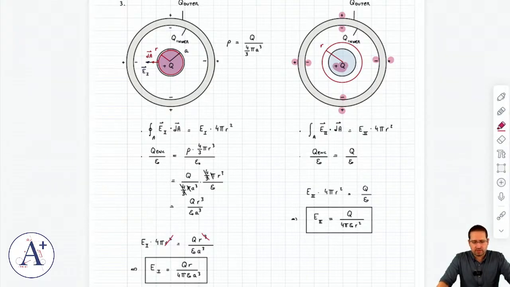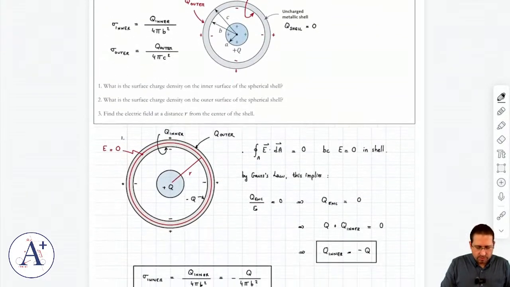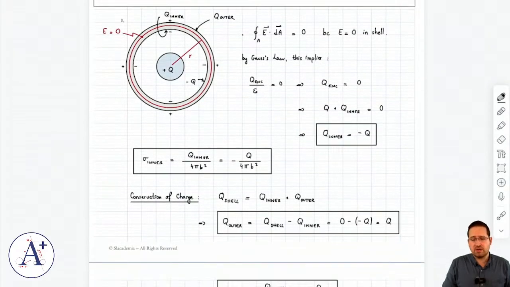And that's a good goal because on exams, either we give you a problem like this and we say, here we have these 4 regions, find the electric field in each region, it's just Gauss's law. And maybe it's more complicated, maybe we have to first find Q inner and Q outer, it's still Gauss's law.